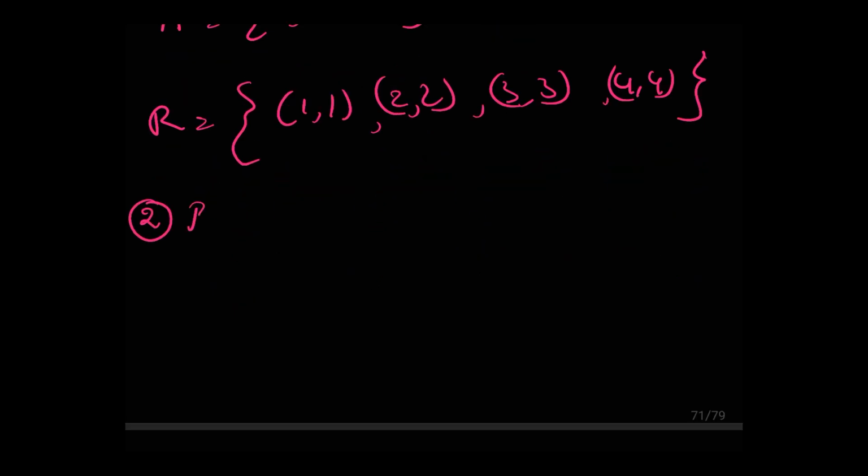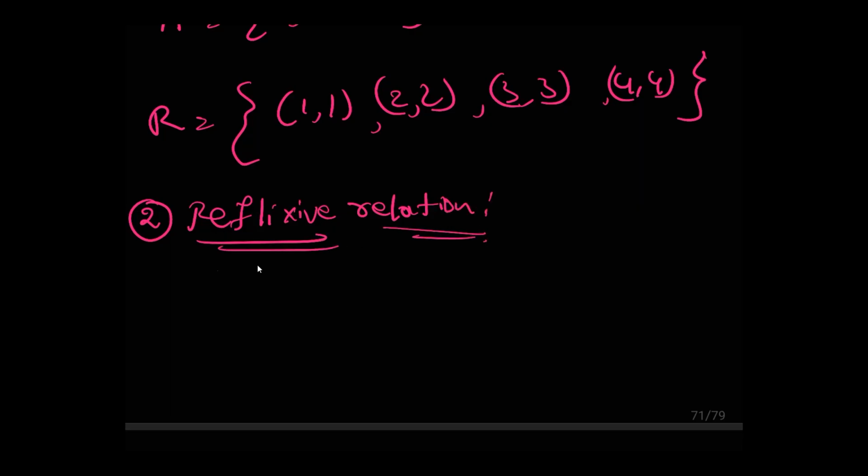Second one, reflexive relation. A reflexive relation on A will be a relation R that is a superset of the identity relation.